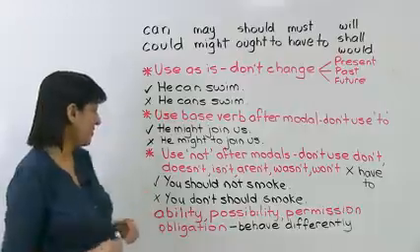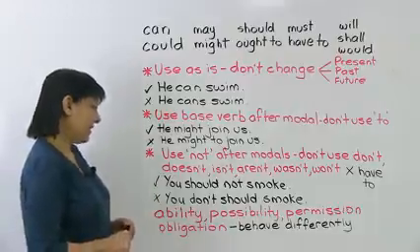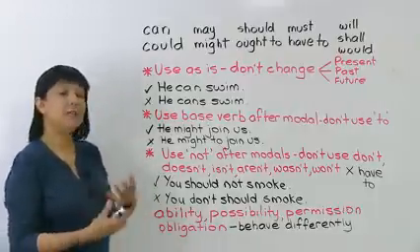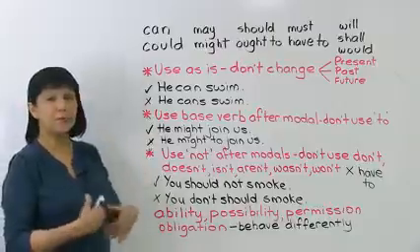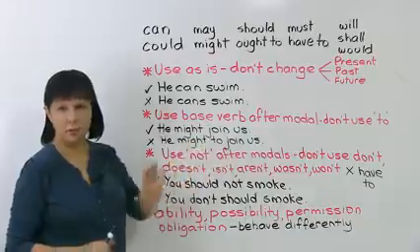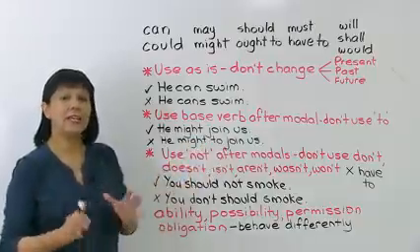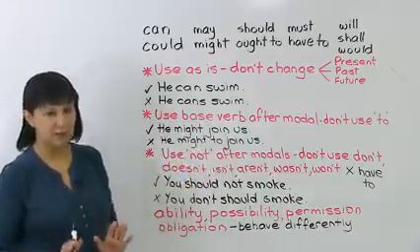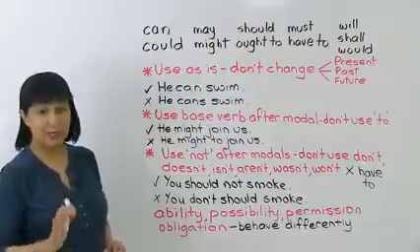All right? Very good. Now, the next point is, if you need to use the modal verb in the negative form, then just use not after the modal, all right? Don't add any extra words most of the time. There's one little exception, I'll explain that to you.